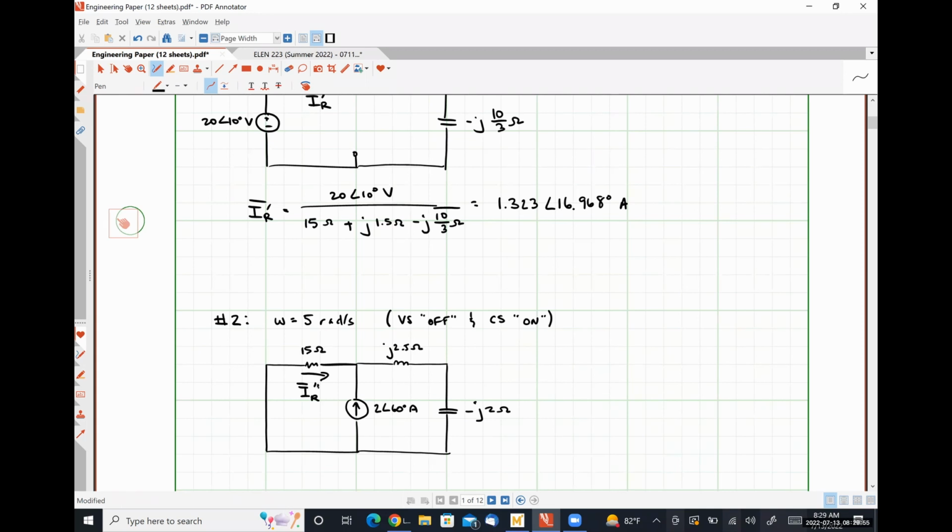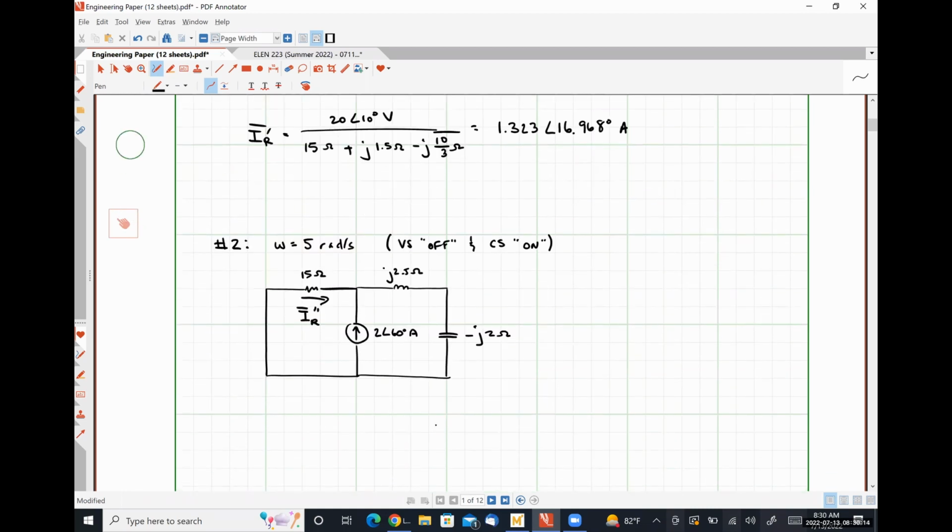Current division is actually the way that I would solve this, okay? Because I have a current source, 2 angle 60 degrees amperes, in parallel with a branch containing a 15 ohm resistor in parallel with a branch containing that inductor and capacitor. So current division is absolutely the way that I would go with this. So we will have IR double prime.